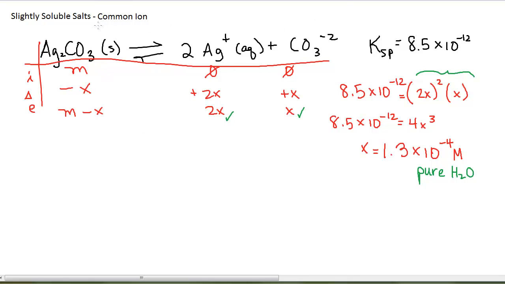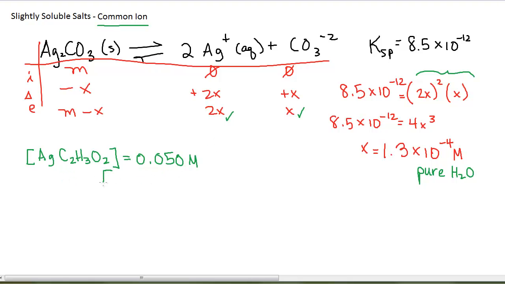Let's say I have a common ion present. In other words, I've got a solution where there's already some silver ion. For example, let's say that I have some silver 1 acetate. Silver 1 acetate is soluble. All acetate ions are going to be soluble. And let's say I have a solution with a 0.05 molarity concentration of silver 1 acetate.